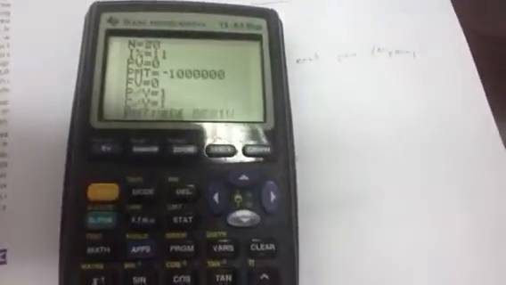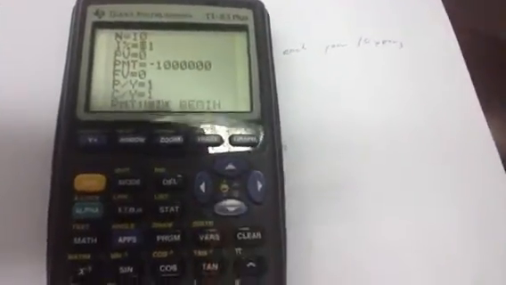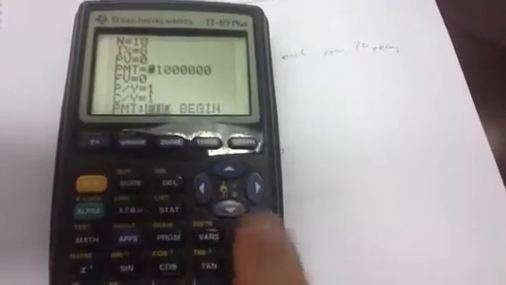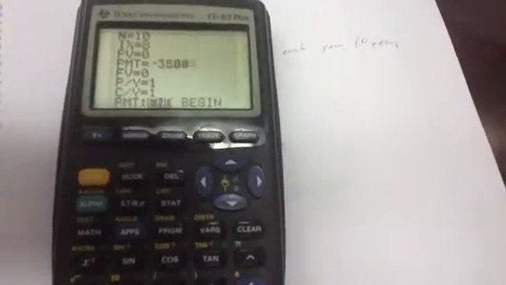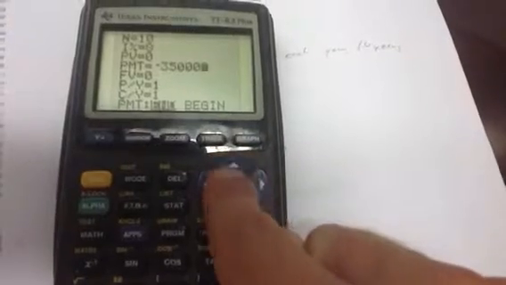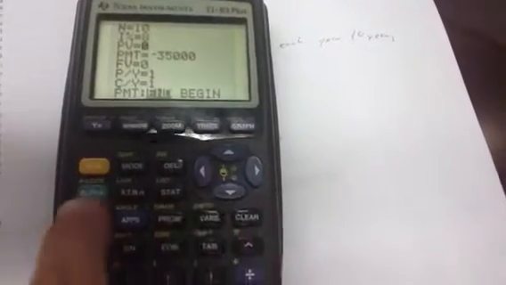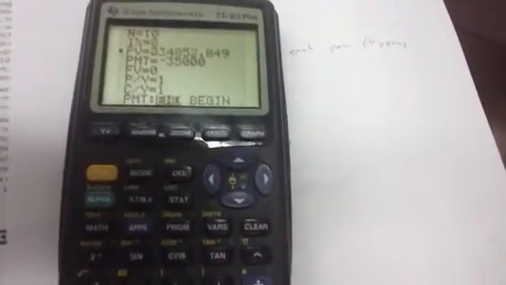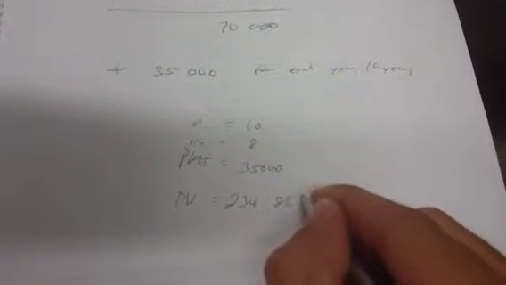Okay, there's 10 years, 8%. The annuity amount is they need to spend $35,000. So how much would they have at the start if they can invest it at 8%? $234,852 and 85 cents.